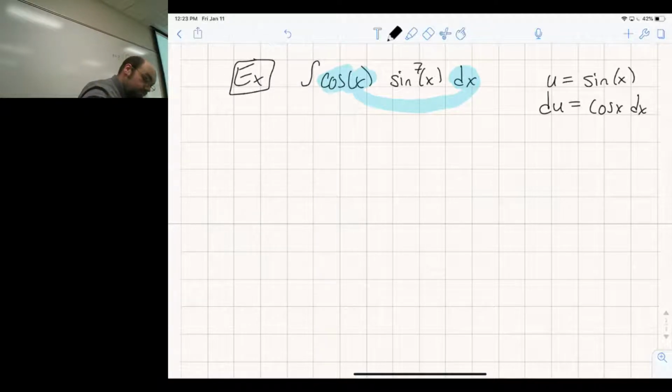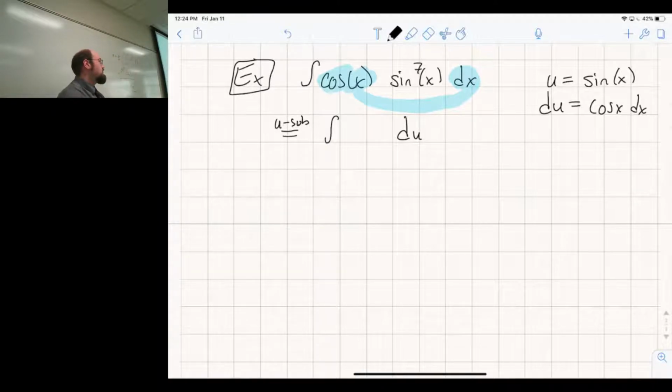So this integral under the u substitution is going to be something du. What does it change to? U to the 7th, they said.